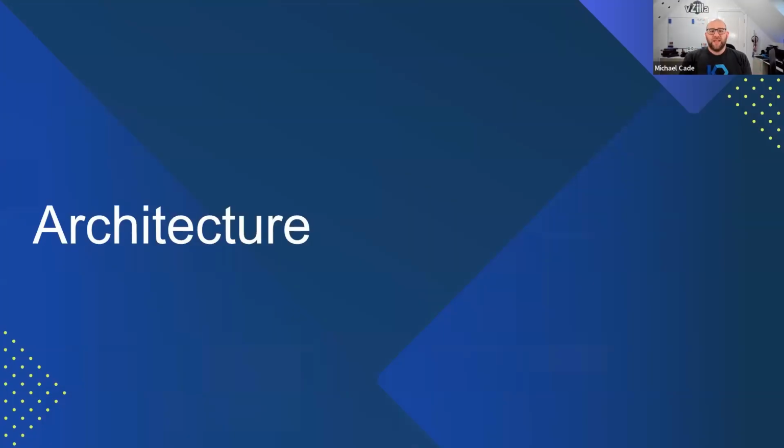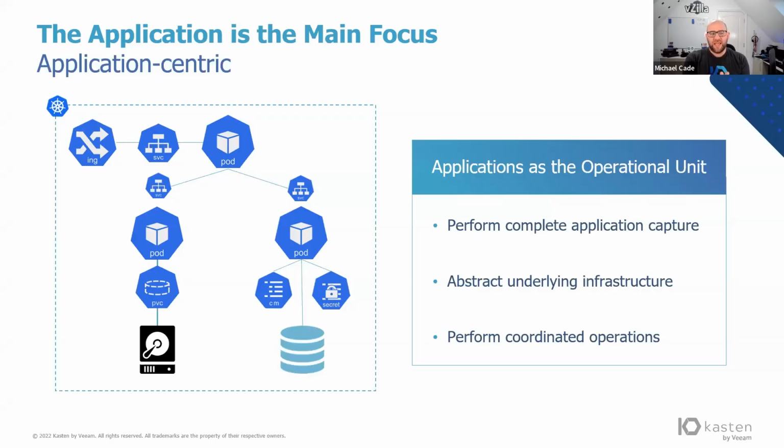Okay, so now we get into the actual best practices. The first one is architecture, and this one is key in that the focus for anything Kubernetes has to be on the application. The whole premise of Kubernetes, which we haven't got time to really dive into, is very much focused on the application.